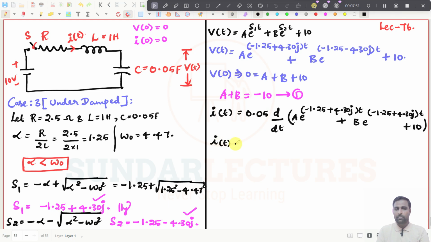I of t will be equal to 0.05, we know this, and we have to bring it to the front. This is in power, and the differentiation of e power at will be a into e power at.